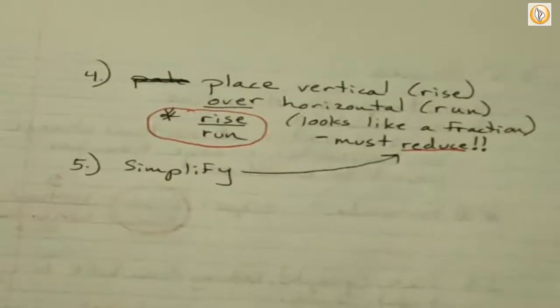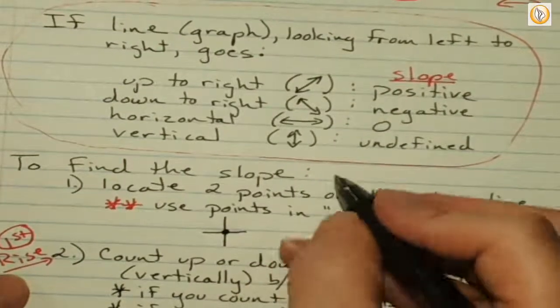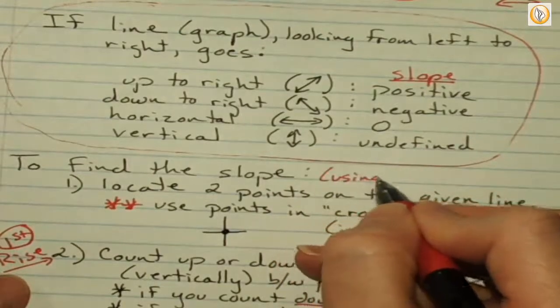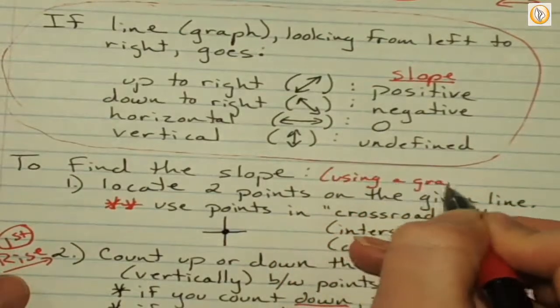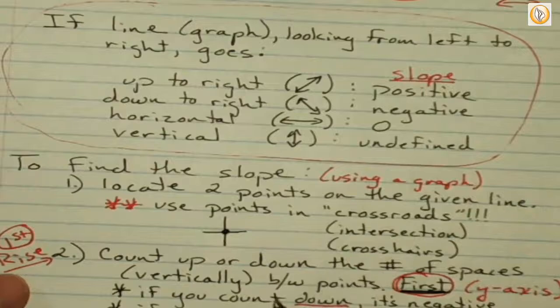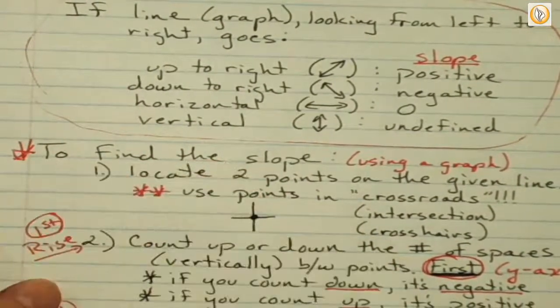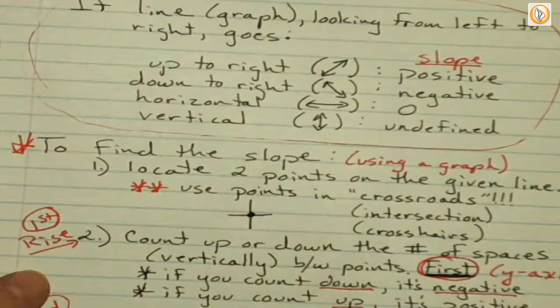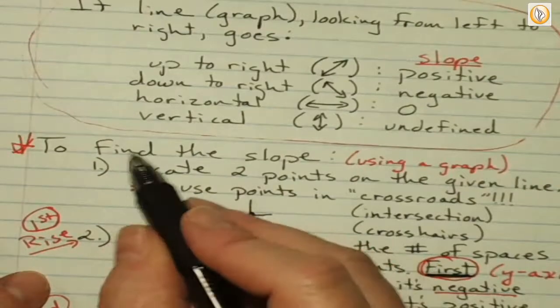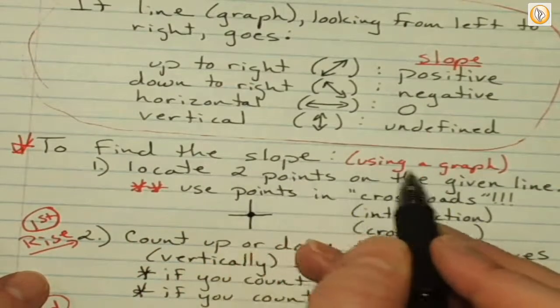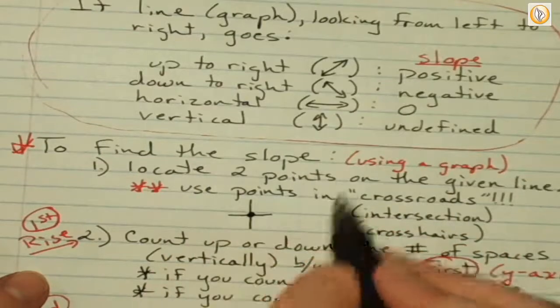Everyone got it? Okay. This was to find the slope using a graph. So to find the slope using a graph, this is if they give you a graph and you got to find the slope, this is how you do it.